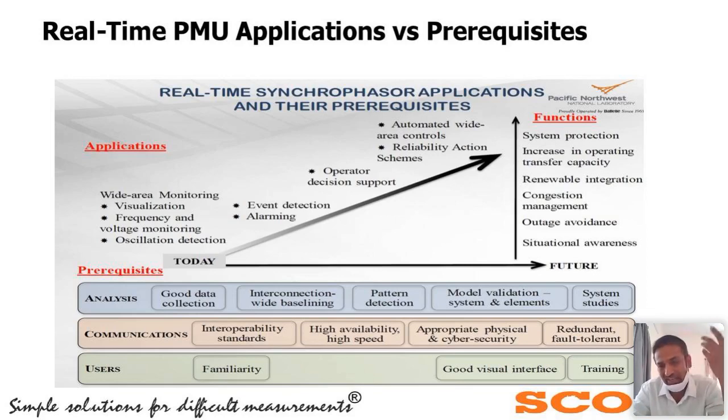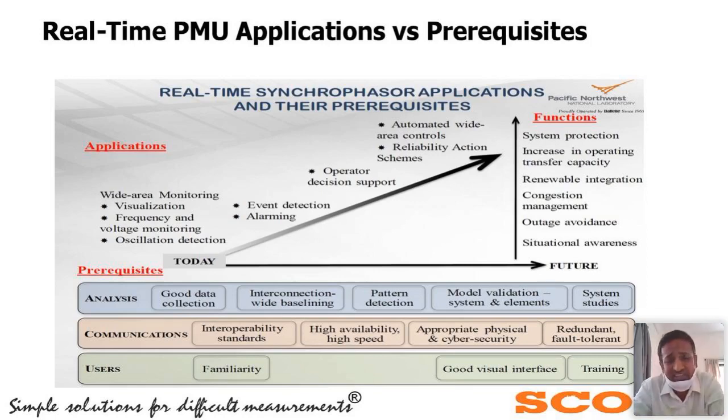Outage awareness: unwanted tripping can also be avoided by taking in-time decisions based on real-time system information. And situational awareness: any unwanted or emergency situation can be monitored and decisions taken in real time, so that further cascading problems can be avoided.